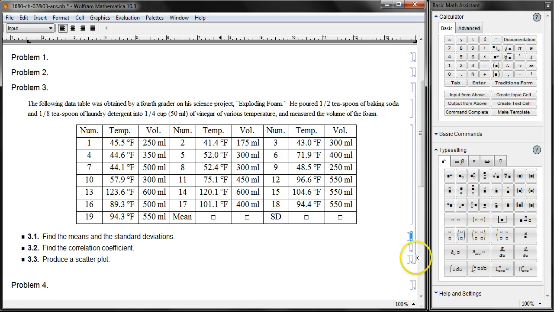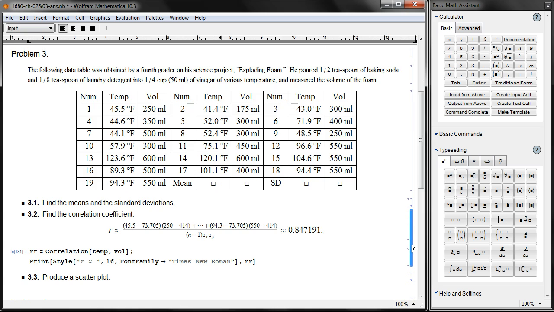Now, let's go to the correlation coefficient. How do we calculate it? It goes like this. We calculate the deviation of x, that is 45.5 minus the mean temperature, times the deviation of y, 250 minus the mean volume.